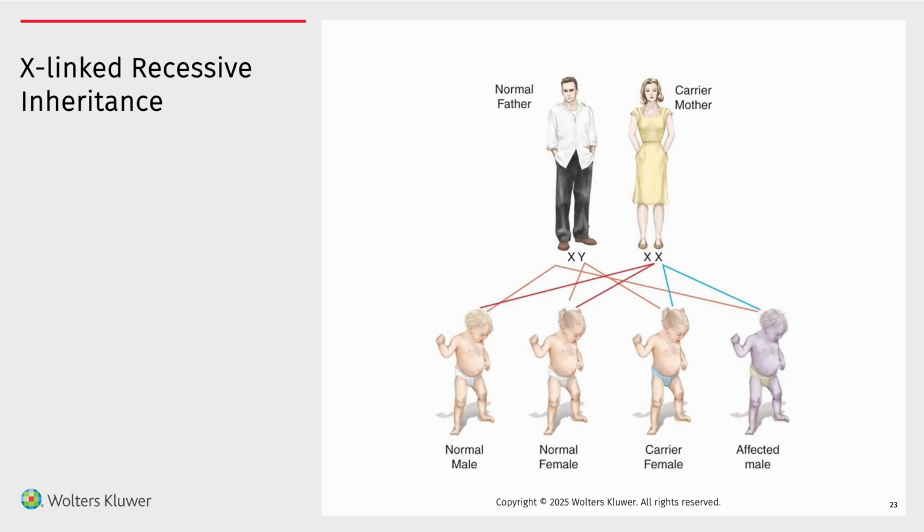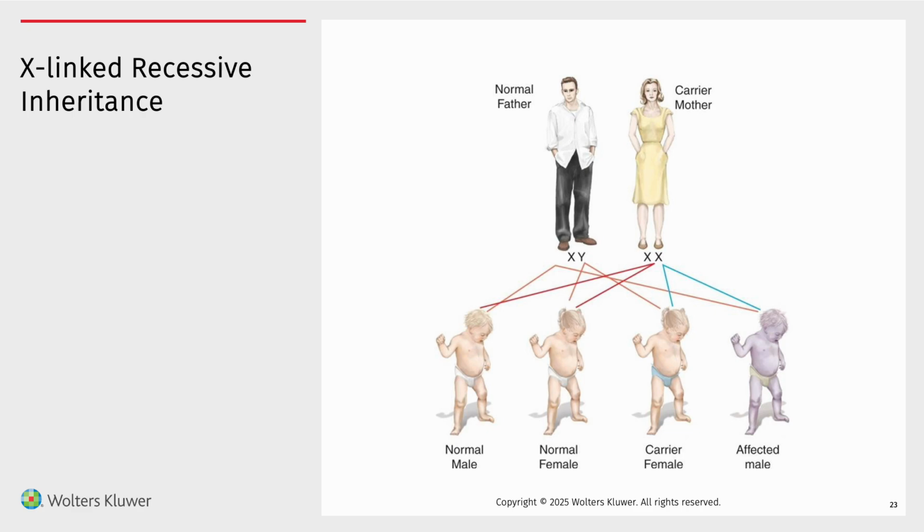Okay, this slide visually explains X-linked recessive inheritance, focusing on how traits or disorders on the X chromosome are passed, particularly highlighting the differences between male and female. The X-linked recessive disorders are caused by mutations on the X chromosome.